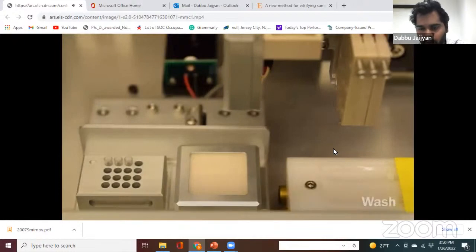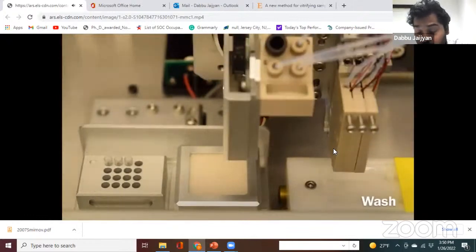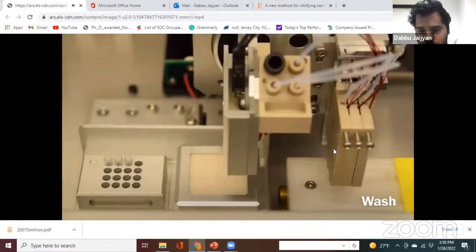This will remove the extra sample from the tips, because these are very tiny tips. Even a small dot of the sample can block these tips, or the sample will be dried. So this is why we wash these tips.